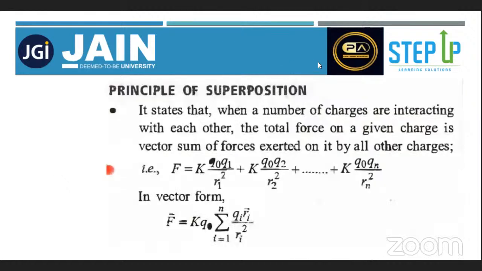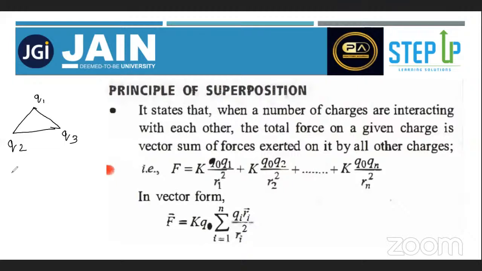This is the superposition theorem. We'll see it when we are doing the questions. If I have a charge Q1 and I want to find its effect on Q2 and Q3, I'll find the effect of Q1 on Q2 and the effect of Q1 on Q3.